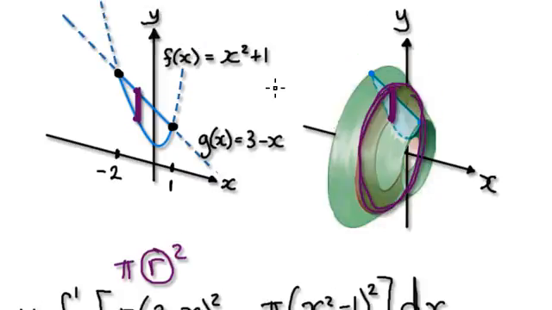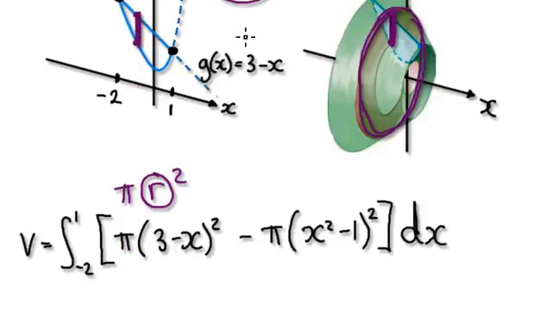Then if you look at this one particular slice here, we're going to need the area of the big circle, which will be pi r squared. But the radius of the big circle will be f of x. Sorry, hang on, let me think.